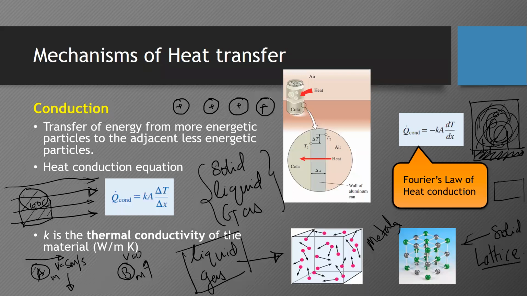Free electrons are moving around everywhere. So in metals, those free electrons will carry the heat from a high energetic place to a low energetic place. In that way also, this heat conduction will happen. That is what is behind this conduction.